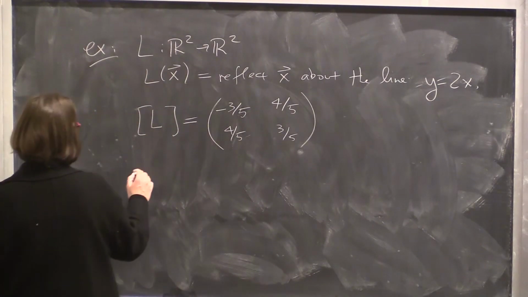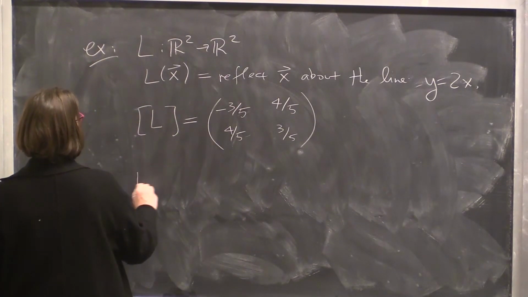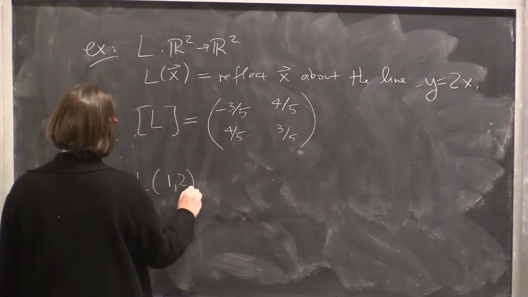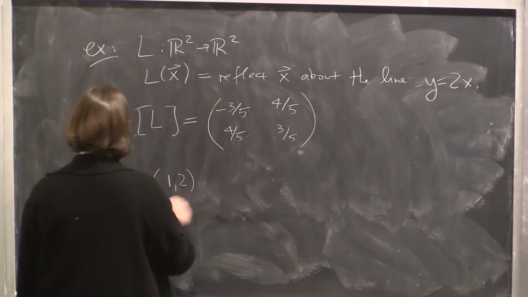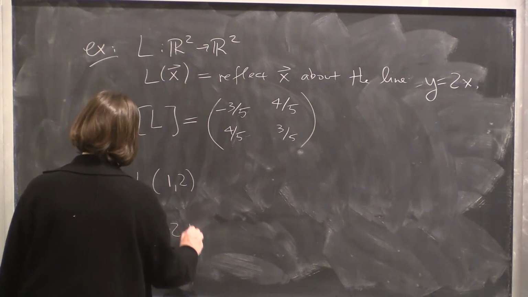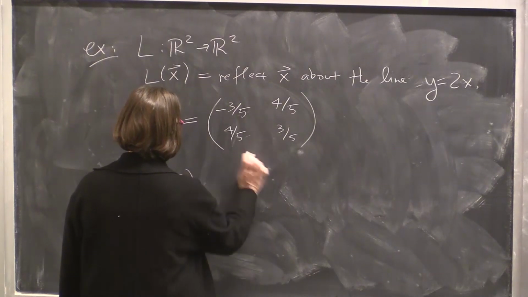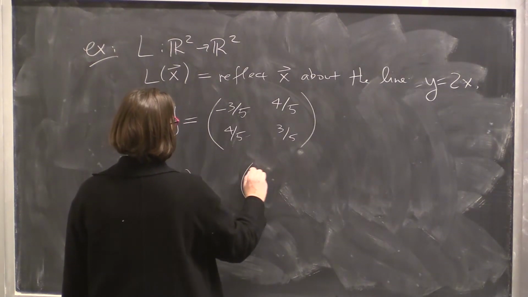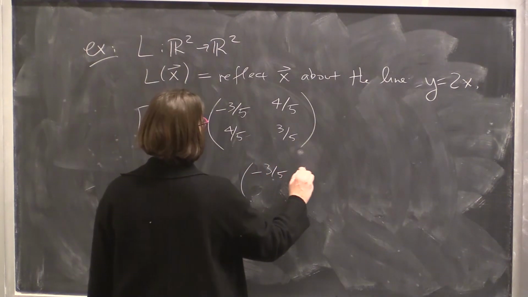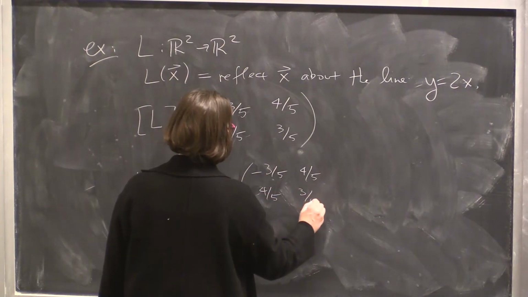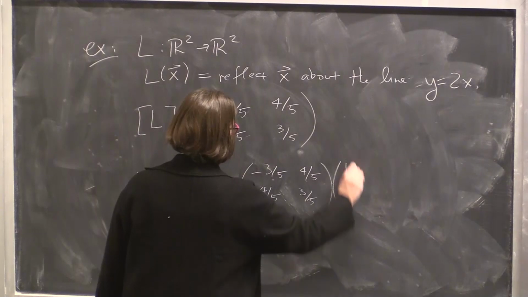Okay, so I would like to compute L of (1, 2) and L of (minus 2, 1). So that means I want the matrix minus 3/5, 4/5, 4/5, 3/5, times (1, 2).